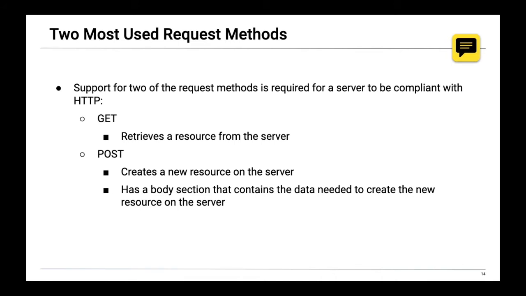Now, a POST request would be used if you wanted to create a new resource on the server. There is a body section included, and that contains the data needed to create the new resource on the server. Okay?